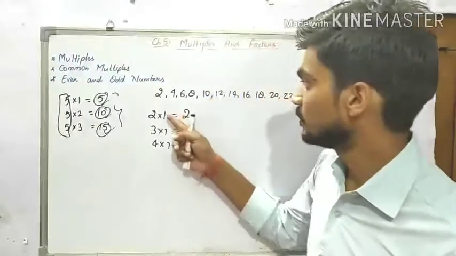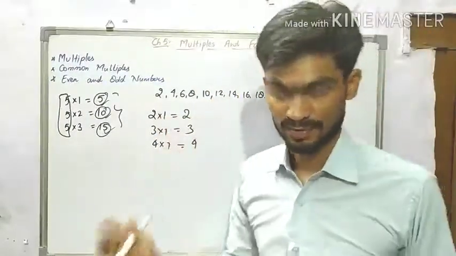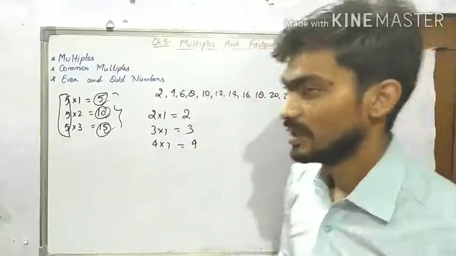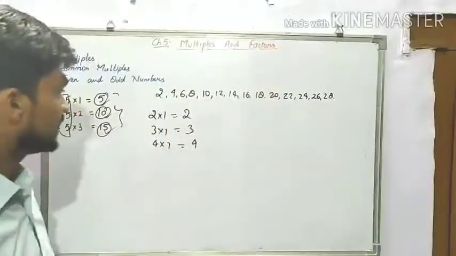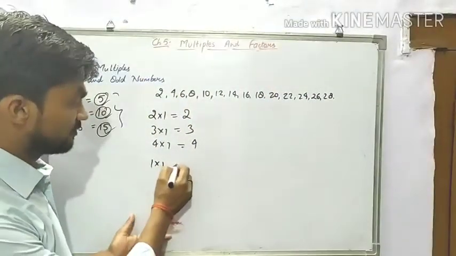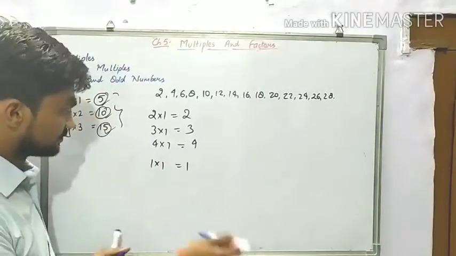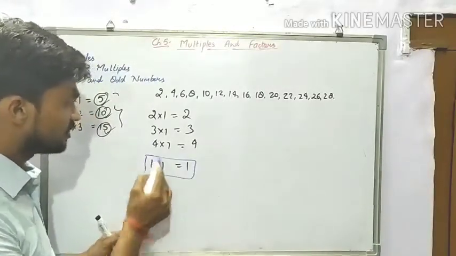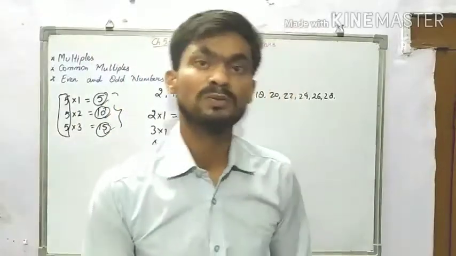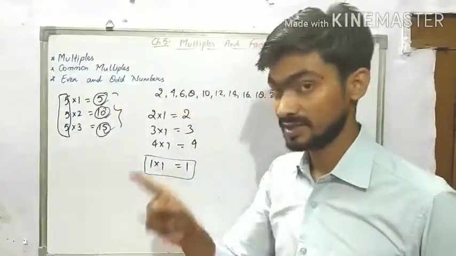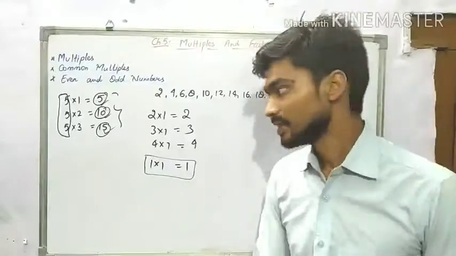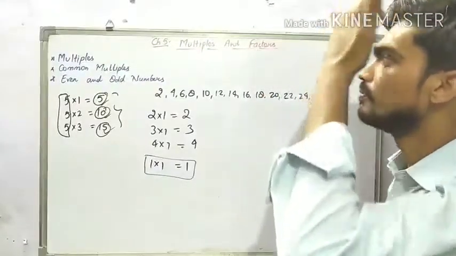When 1 is multiplied to every number, it results in the same number. And if we multiply 1 into 1, we get 1. 1 is the only number which has its own multiple as the same number, that is 1 only. Correct? This is the meaning of multiples.